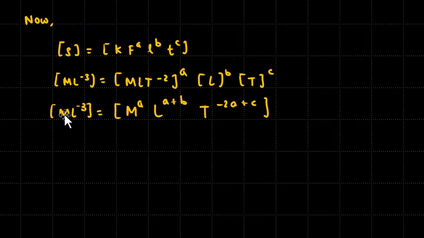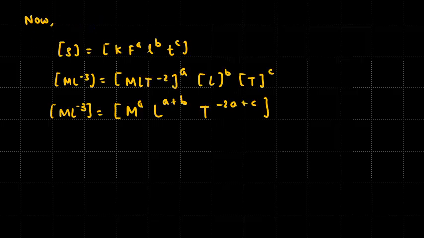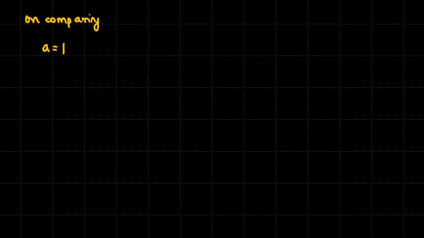Equating the powers of the common base, we get a equals 1. a plus b equals minus 3, and finally minus 2a plus c gives us 0.